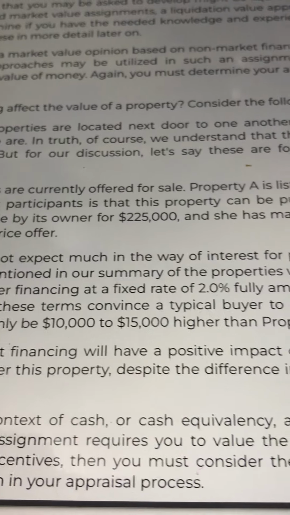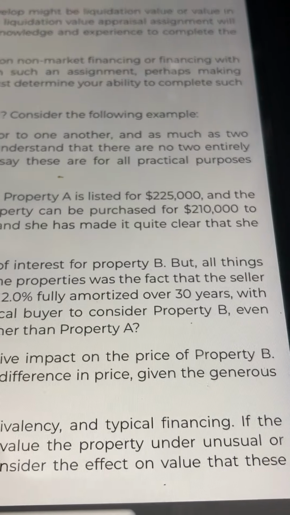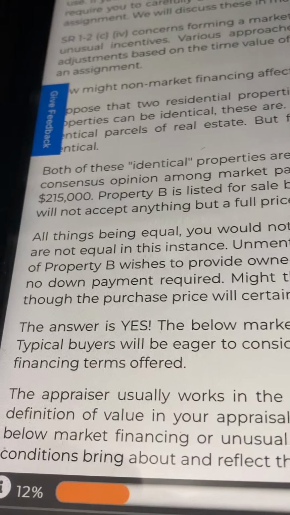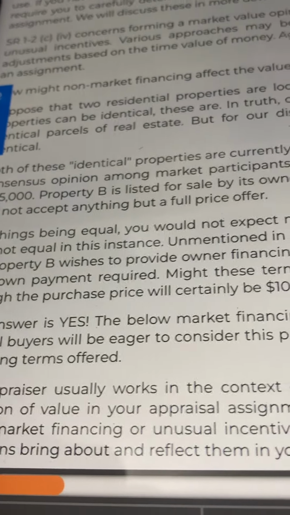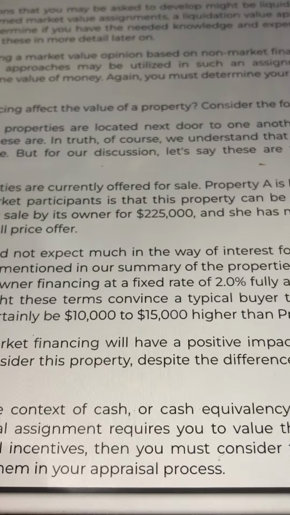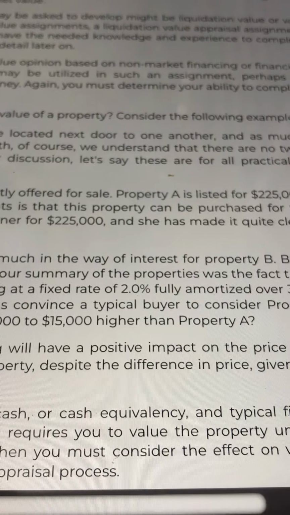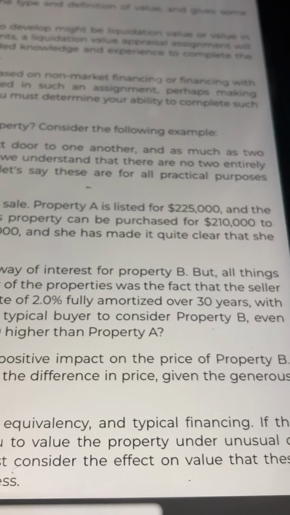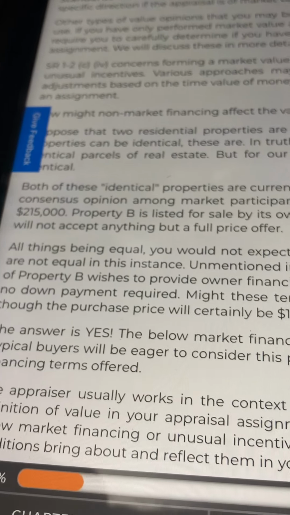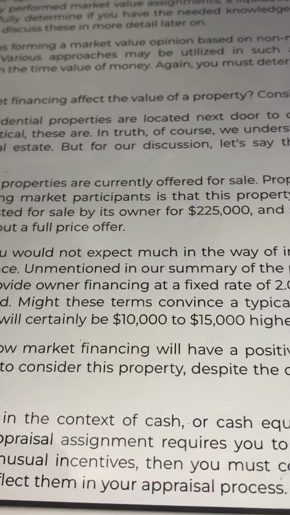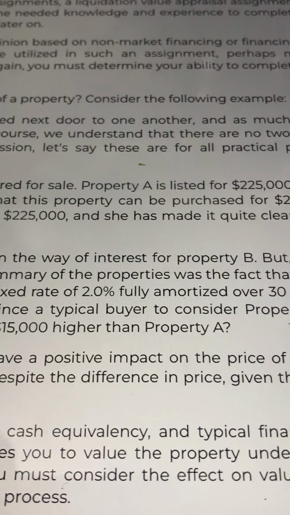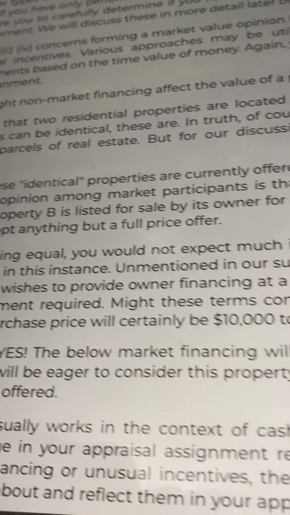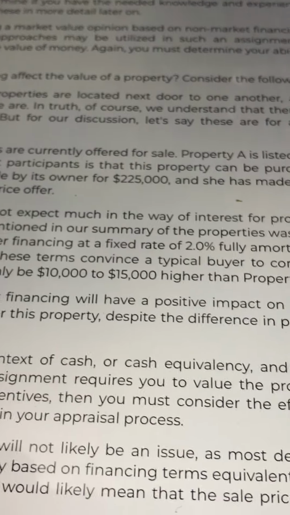Unmentioned in our summary of the properties was the fact that the seller of property B wishes to provide owner financing at a fixed rate of 2.0%, fully amortized over 30 years, with no down payment required. Might these terms convince a typical buyer to consider property B, even though the purchase price will certainly be $10,000 to $15,000 higher than property A?